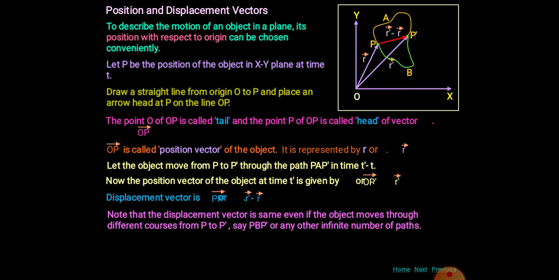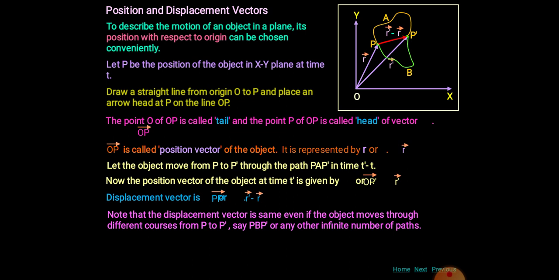Observe carefully. The displacement vector is the same if the object moves through a different course from P to P dash. The first path we followed was through A, and the second path is through B. If you take P, B, P dash, the displacement will be the same. You can follow any other path. The displacement vector is the same, and that is PP dash.